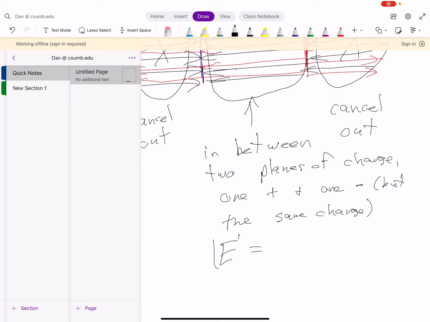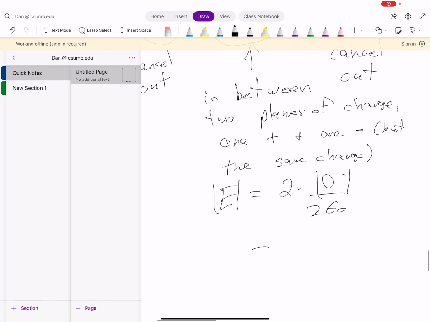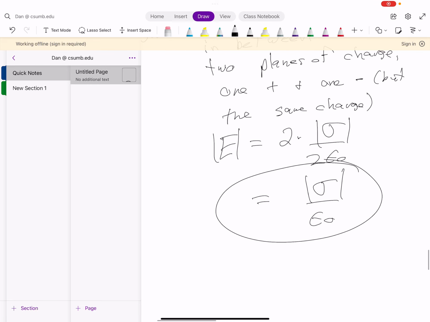So the strength of the electric field is going to be equal to 2 times sigma over 2 epsilon 0. So it's going to be equal to sigma over epsilon 0 in between two planes of charge that are oppositely charged but have the same value of charge on them.